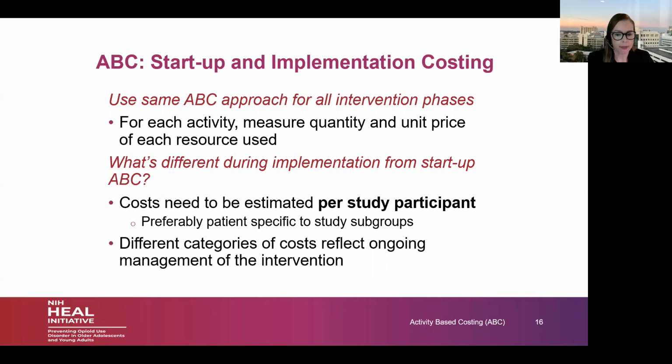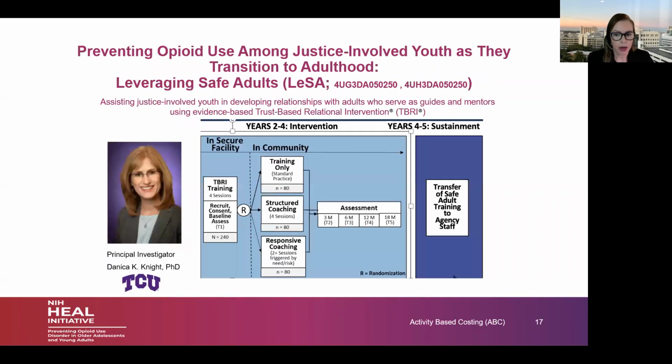Next slide. I'll talk briefly about one of the HEAL prevention studies that I am aligned with, which is called Preventing Opioid Use Among Justice-Involved Youth as They Transition to Adulthood, Leveraging Safe Adults, or LISA. This study is based at Texas Christian University, TCU, and the principal investigator is Danica Knight.